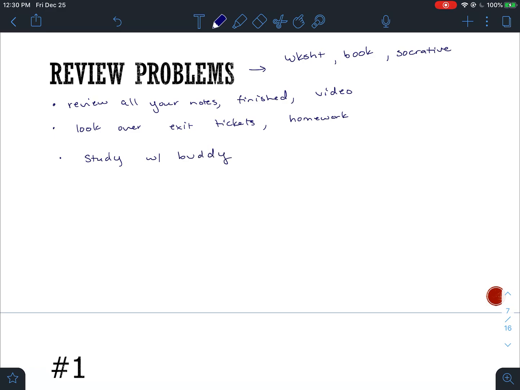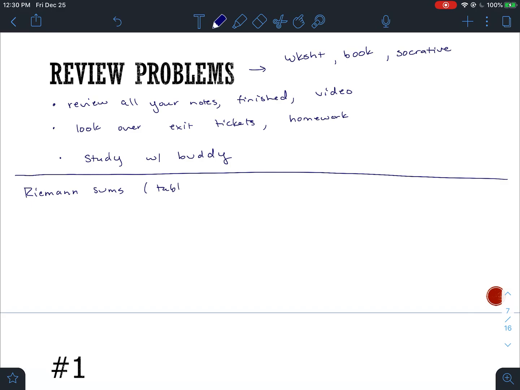So remember, the more that you're talking about the math as you're doing it, the more likely it'll stay in your long-term memory. So some concepts that you should definitely remember how to do for this exam. You should know how to do all the different types of Riemann sums. You should know how to do them if you're given a table, or if you're given a function, or if you're given a graph. You should know how to find an integral from a graph.